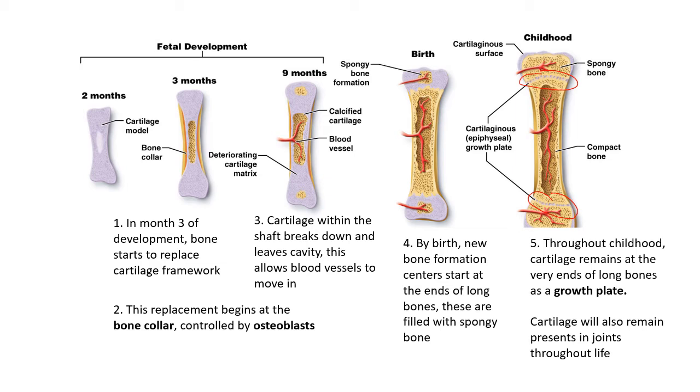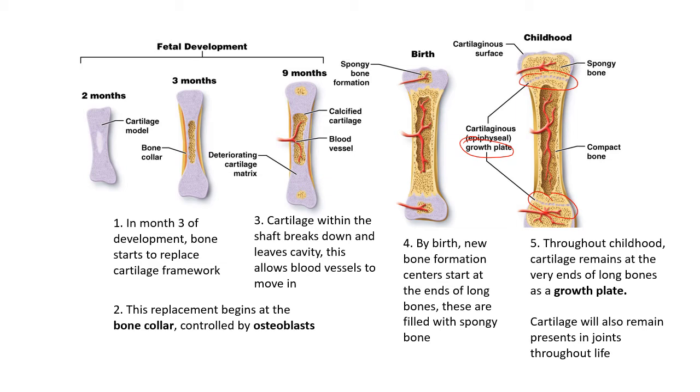Those regions of cartilage are referred to as the growth plate, or you'll see epiphyseal plate as well. These growth plates allow the bones of kids to continue to grow. This is why kids can shoot up from 2 feet tall to 5 feet tall in a matter of high school. Those growth plates are where we see growth occur in bones during childhood.